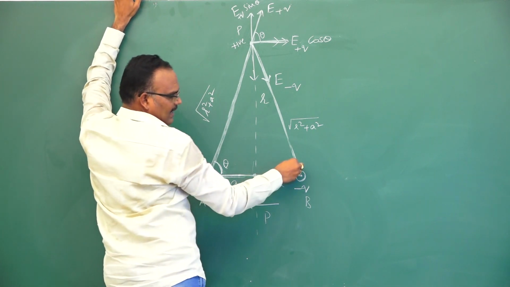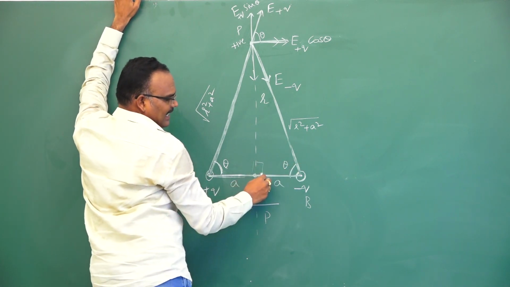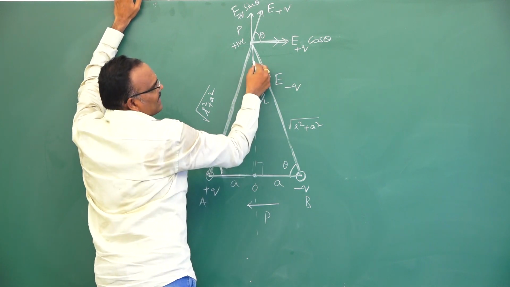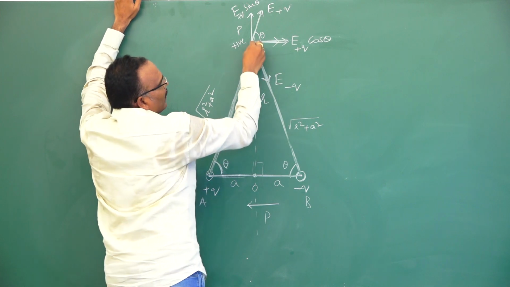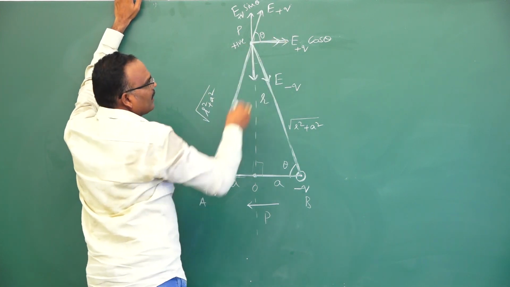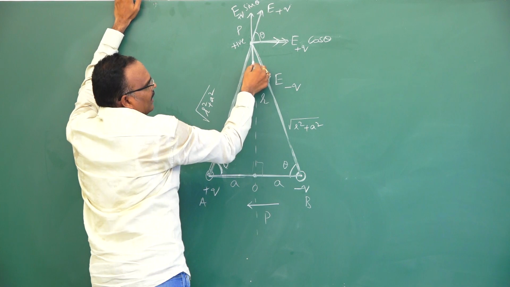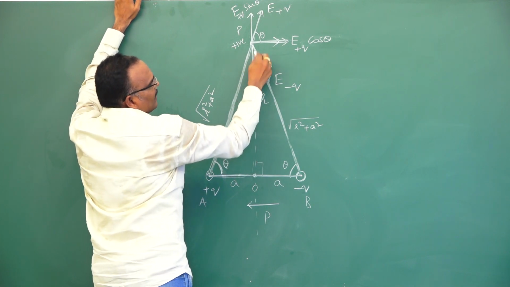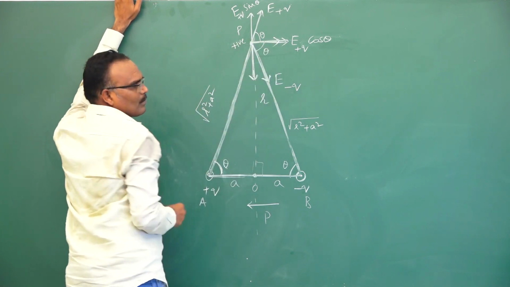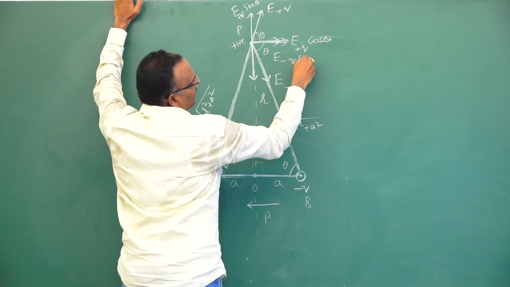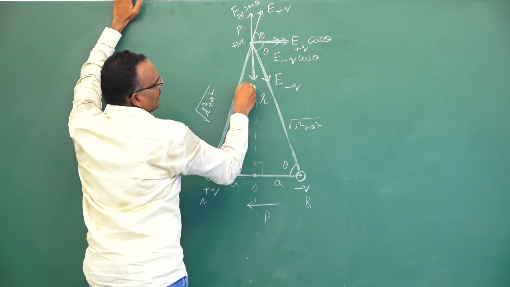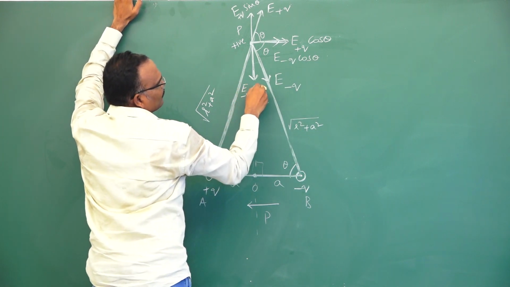See here, this is theta, this is 90 degrees, that means this is 90 minus theta. I know the angle between the two components is 90 degrees. If the total angle is 90 and this is 90 minus theta, then this will be theta. So that's why this component is E minus Q cos theta, and this is E minus Q sin theta.